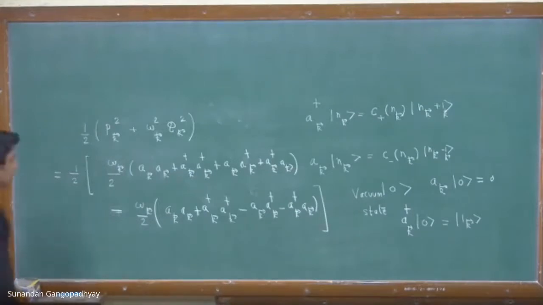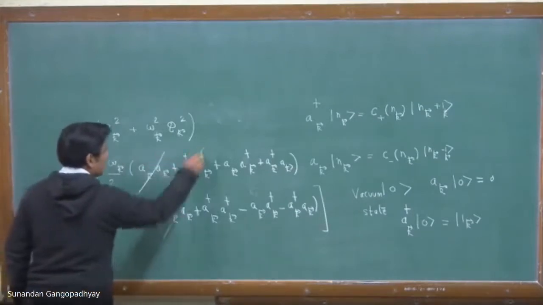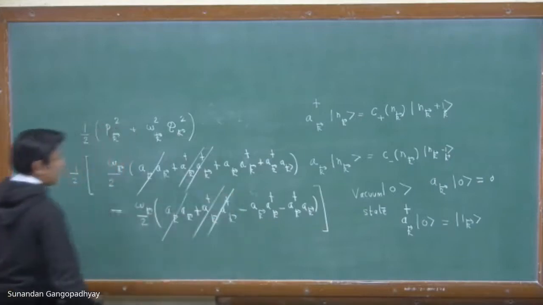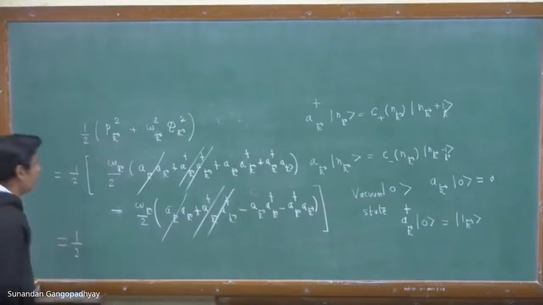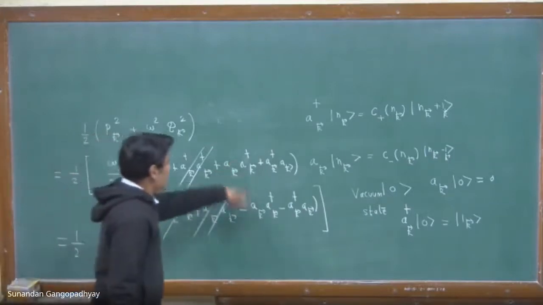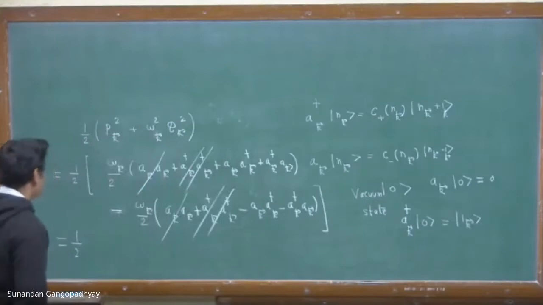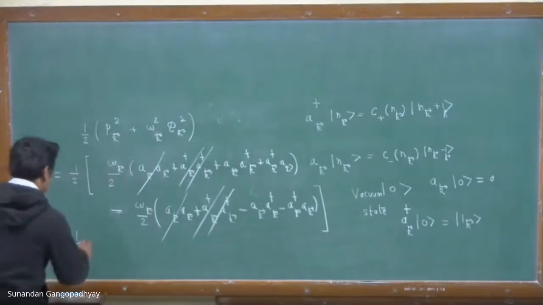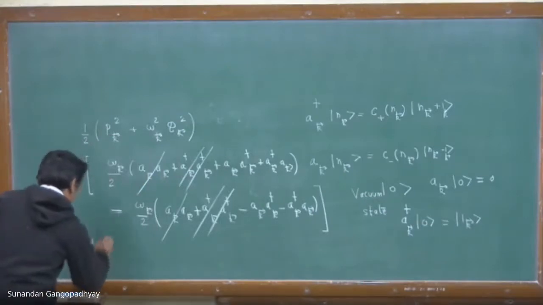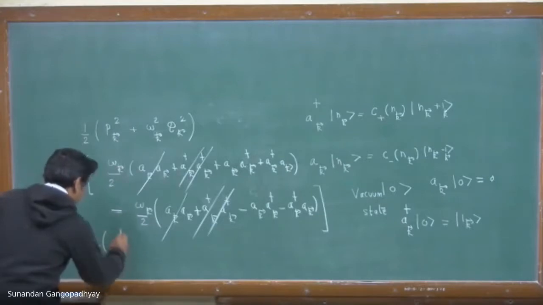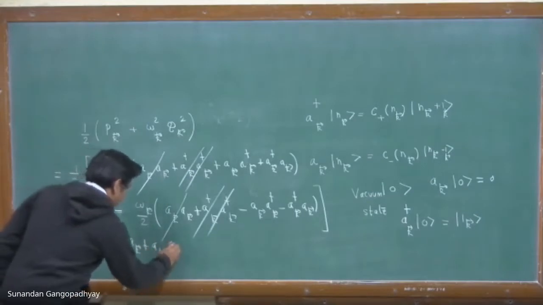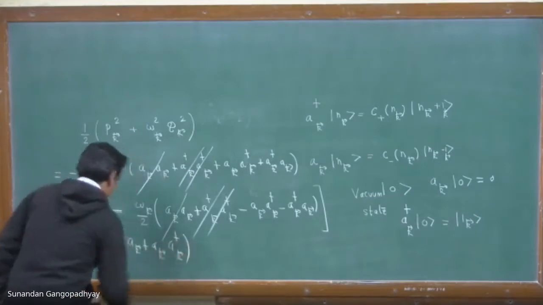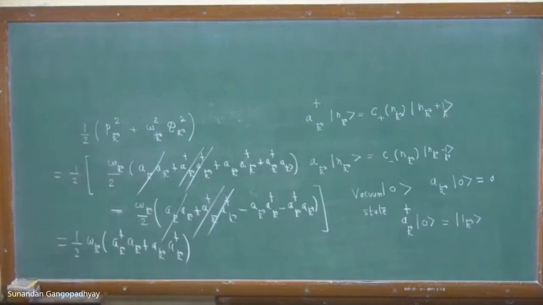And you can immediately see that this term cancels, this term cancels. And therefore, what you will get finally is half of these terms will add up, and therefore if you just add it up, it will give you omega k by 2 ak dagger ak plus ak dagger. So that is what we shall get.